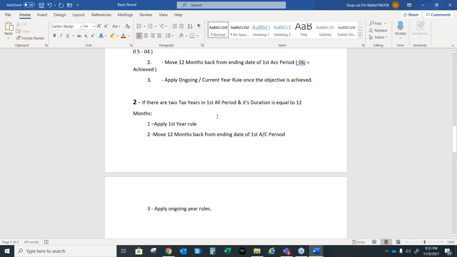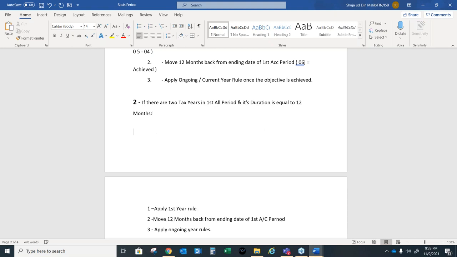Okay, the next thing we have is if there are two tax years in the first accounting period and its duration is equal to 12 months. I take a random question for you, and let's see how we can resolve it. I'll be very happy if you provide me input by answering the question.